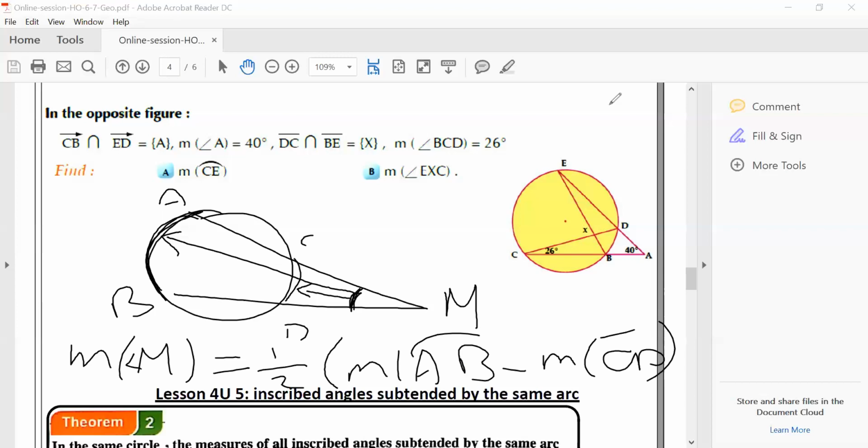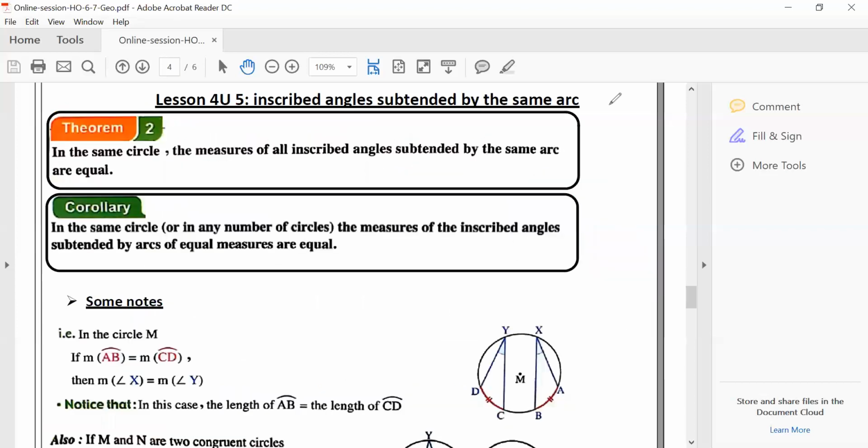Okay, moving back to the other lesson. This lesson is relation of the inscribed angle with each other. He said that the inscribed angle subtended by the same arc. The theorem says that in the same circle, the measure of the inscribed angles subtended by the same arc are equal in measure.